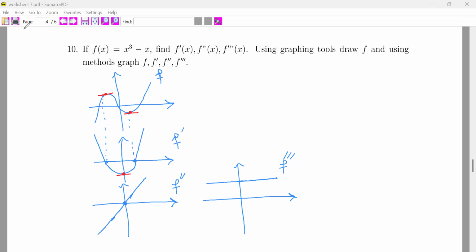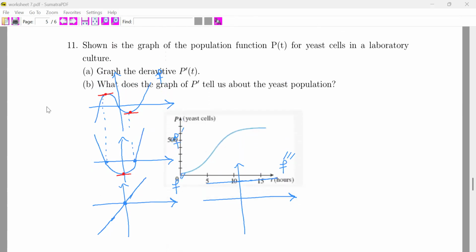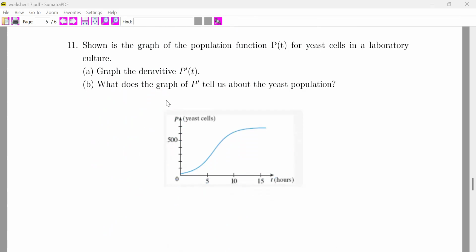Let's move on to number 11. It says, shown in the graph is the graph of population function P of t for yeast cells in a laboratory culture. For part A, graph the derivative.